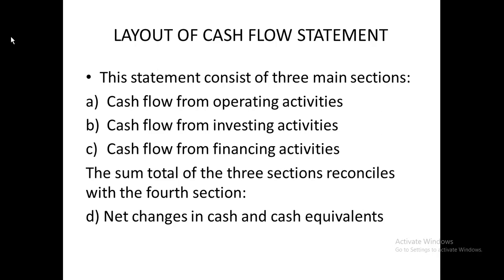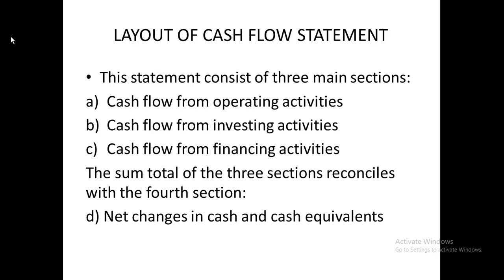Maybe you are in the business of rendering service such as medical, so service rendering is your operating activity. So this income from the operating activity will come under this heading, cash flow from operating activities, and all the expenses involved must also come under this heading, cash flow from operating activities.